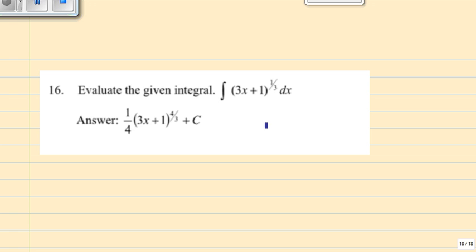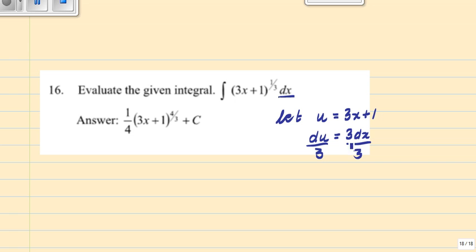So this one again, the only hope we have, very similar problem to the previous ones. Let u equal to 3x plus 1. So then differential of u is going to be equal to 3 dx. We have only 1 dx, so we divide both sides by 3.